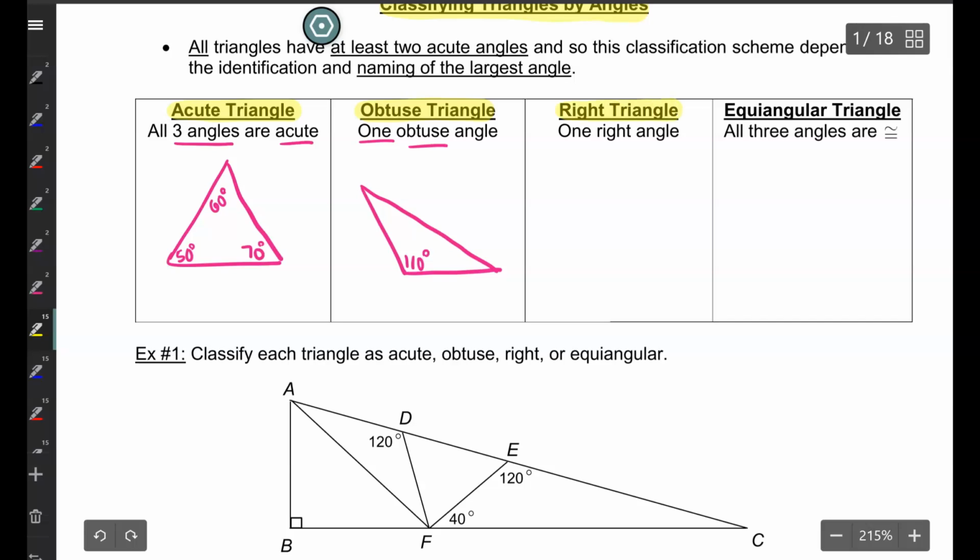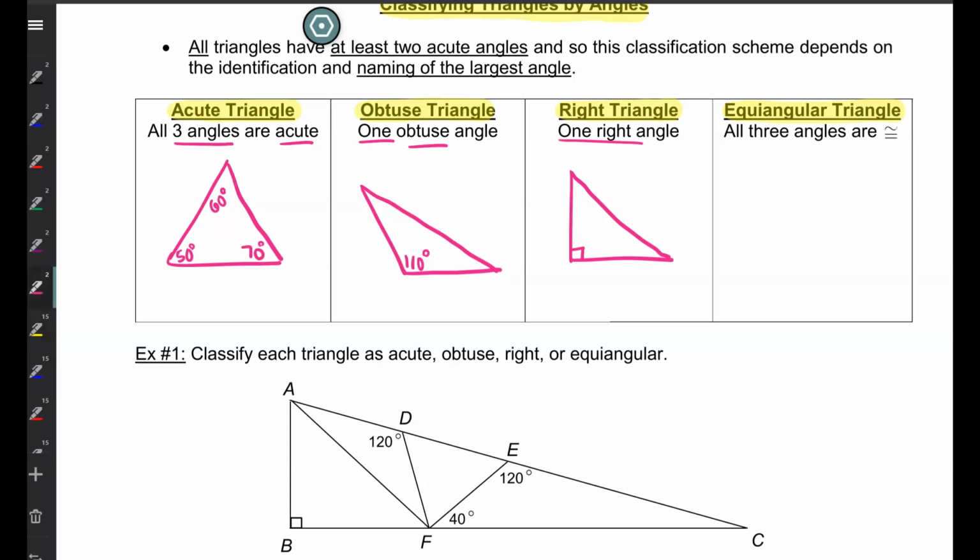Right triangle, we've already talked about. This is when we have 1 right angle. And to denote the right angle, we're going to put a little box in the corner. And lastly, we have an equiangular. So equal, right?